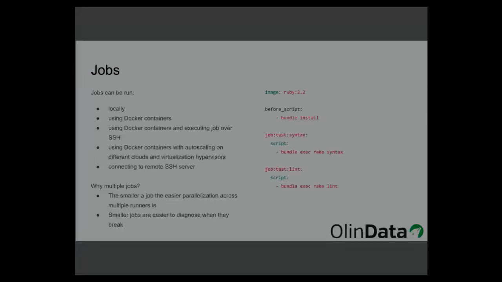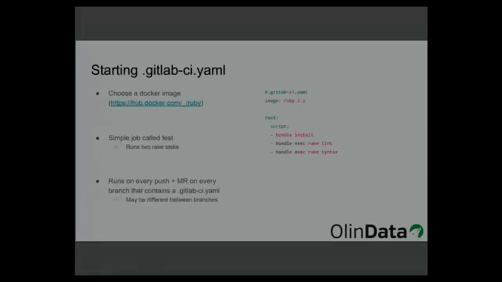As you see here, though, we have now split up our GitLab CI file into multiple jobs. So it's doing exactly the same as what it was doing here: a bundle install, a rake lint, and a rake syntax. There are two good reasons why you want to keep your jobs as small as possible.